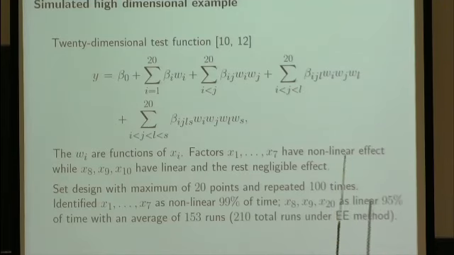Mind you, having linear for us in this procedure is the same as negligible. So that was identified 95% of the time with an average of 153 runs, as opposed to 210 runs required for the elementary effects method.